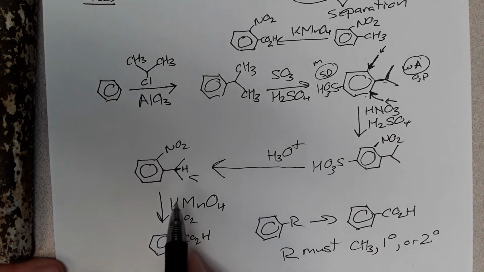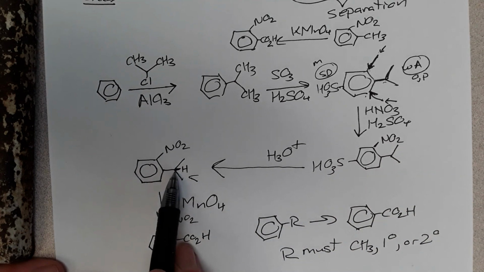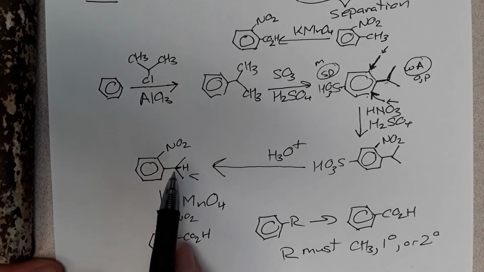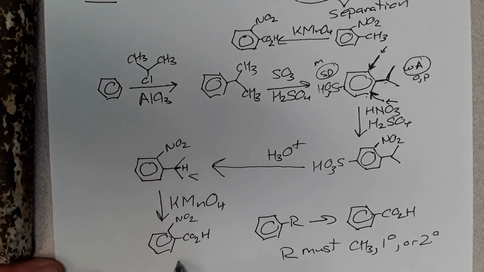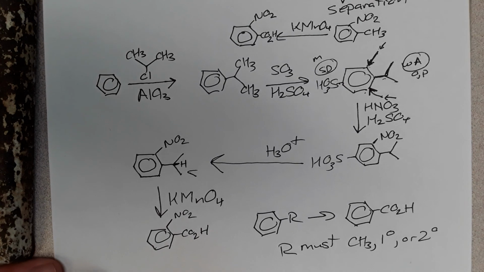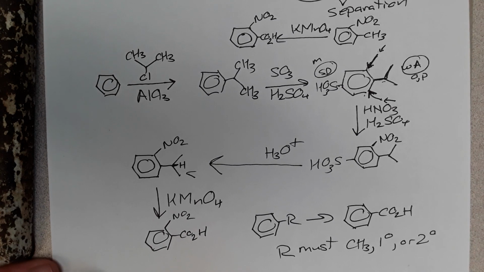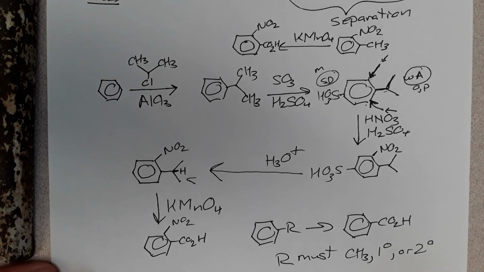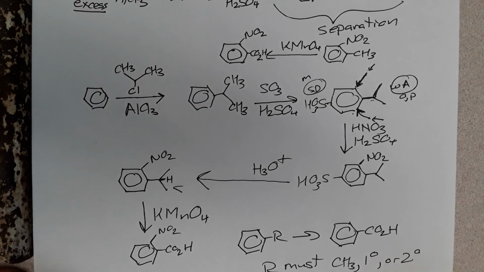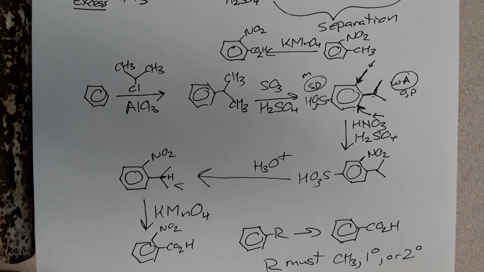If this was tertiary, it would be a t-butyl group, and that would be even more bulky, but the problem is you need to have a hydrogen there in order for this oxidation reaction to happen. Okay, so that's the use of a blocking group, and you can always keep that in the back of your mind if you want to block a particular position in getting a cleaner, higher yield synthesis.